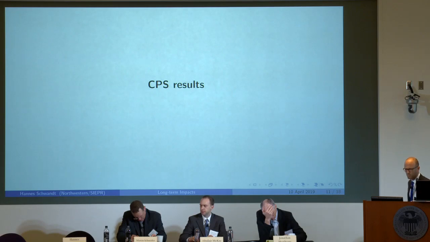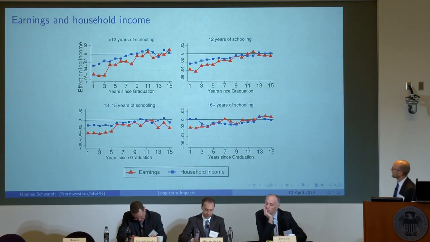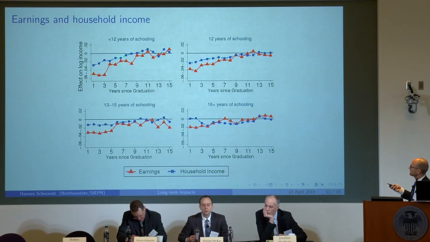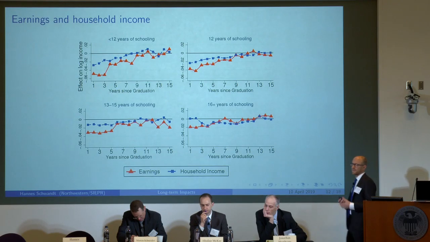So let's look at a few more results there. This figure shows the effect on earnings and on household income by different years of educational attainment. So the red line, that's what we saw in the earlier figure, so stronger effects for less educated individuals. The blue line here, that's household income. And what we see there is that some of those negative effects are buffered through household income.